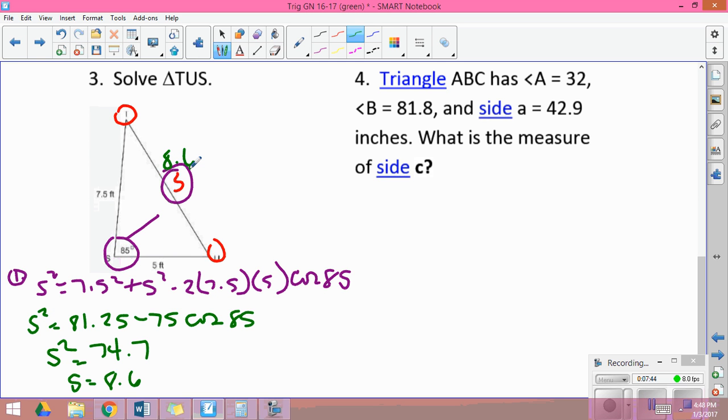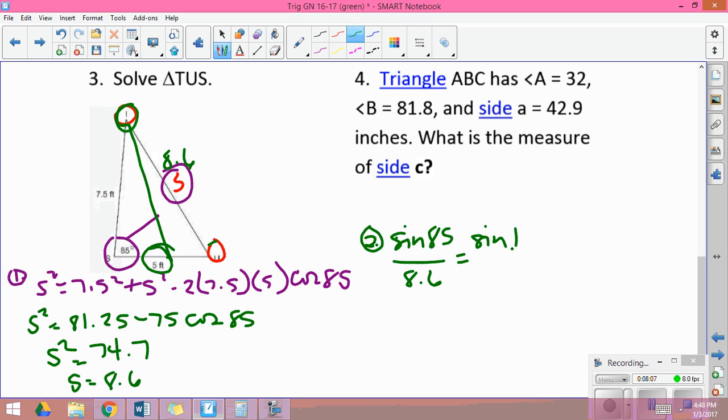Well, now that I know that that's 8.6, I can skip over and I can use the law of sines, and I can say the sine of 85 over its side that I just found, 8.6, is equal to, and I could grab I or H. Let's just grab I and its side, the sine of I over 5, cross multiply, sine of I is equal to 0.58 about.